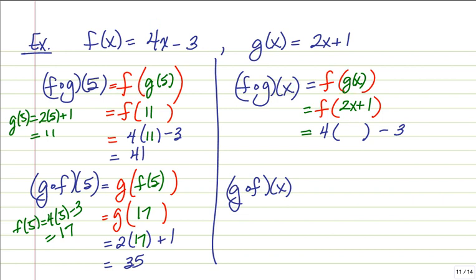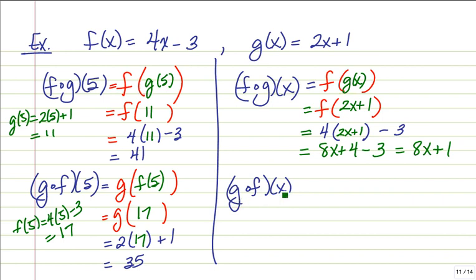It is 2x plus 1. So we would now just simplify this to be what? 8x plus 4 minus 3, which is 8x plus 1. Do you kind of follow what I did? So we're putting the inside function into that outer function wherever we see the x.